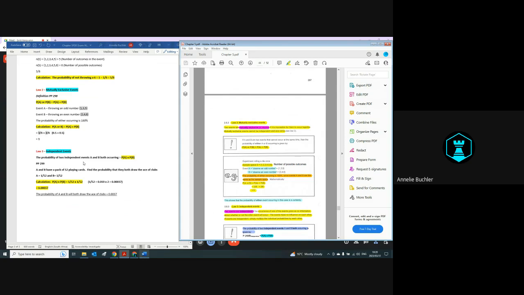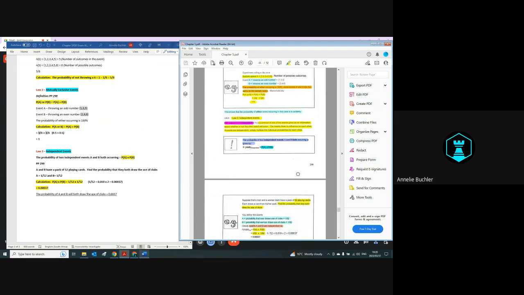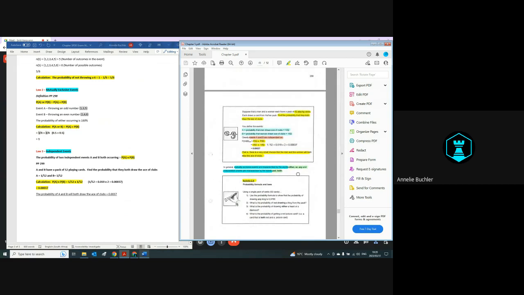Independent events. The probability of two independent events, A and B, both occurring: you have the probability of A and you multiply it by the probability of B. That's law 3, independent events, and it's on page 299. A and B have a pack of 52 playing cards. Find the probability that they both draw the ace of clubs. For A, the probability is 1 out of 52 because there are 52 cards, and for B, 1 out of 52.